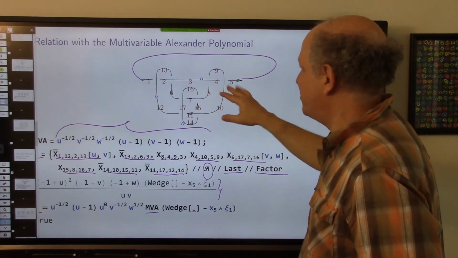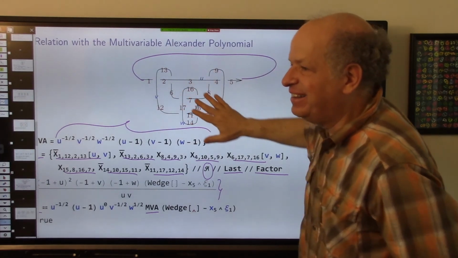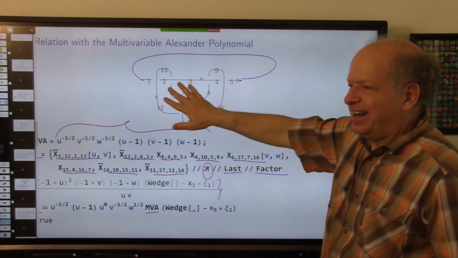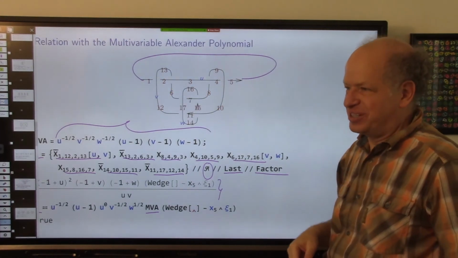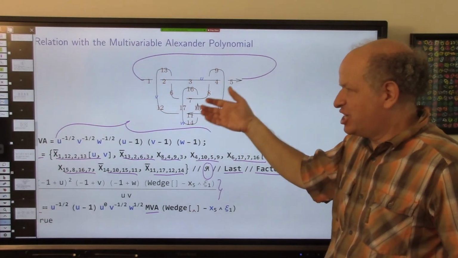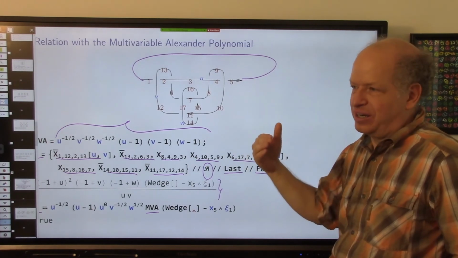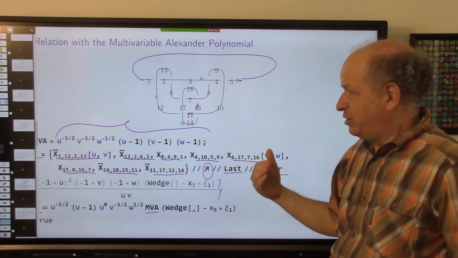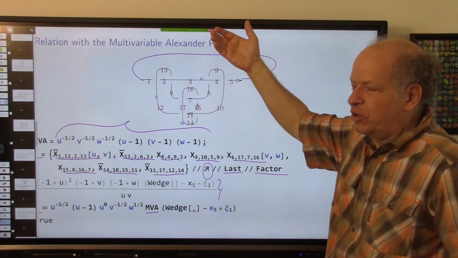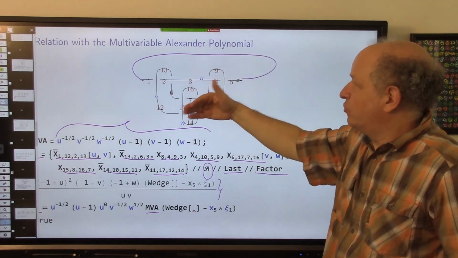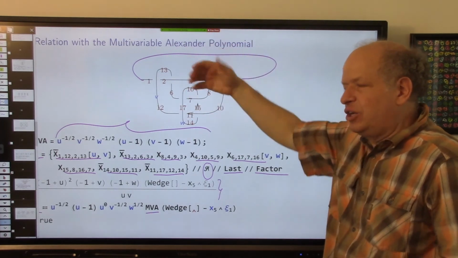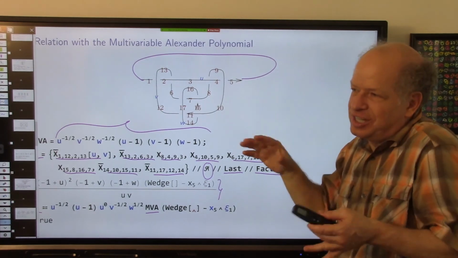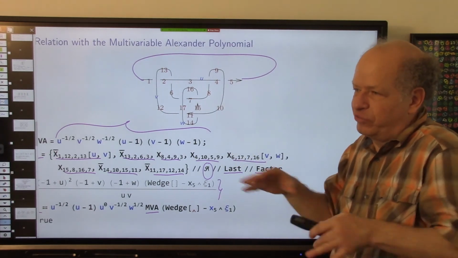It's in my handwriting. The actual slide had it not yet closed. So the computation was done for an open tangle, and the theorem in the page before said that the invariant of the open tangle you get by opening one component is essentially equal to the multivariable of the fully closed thing.